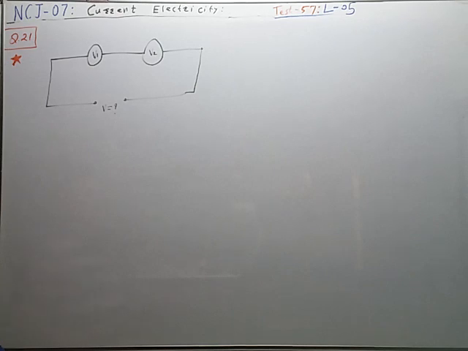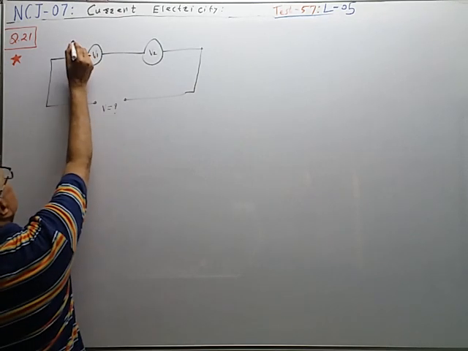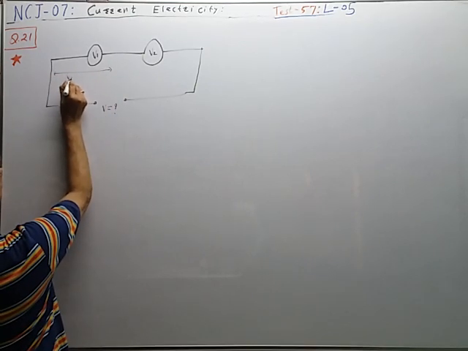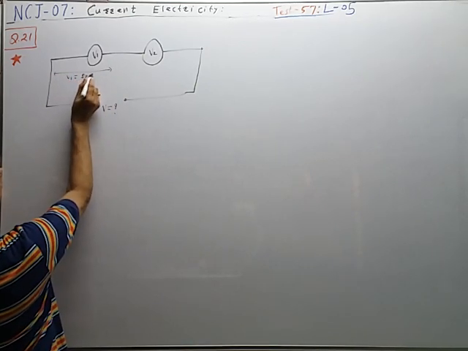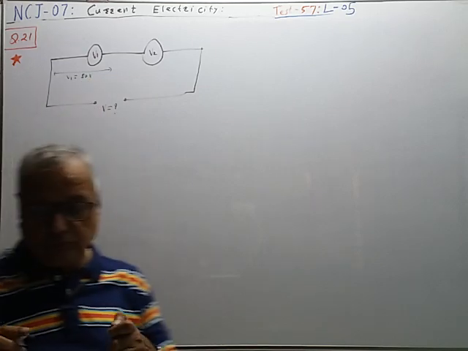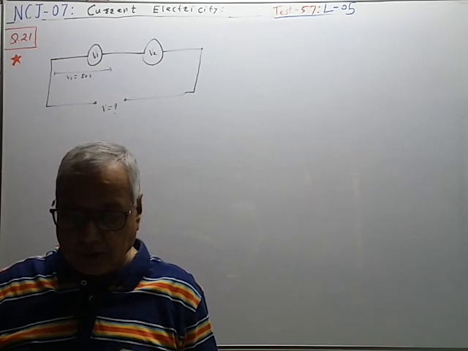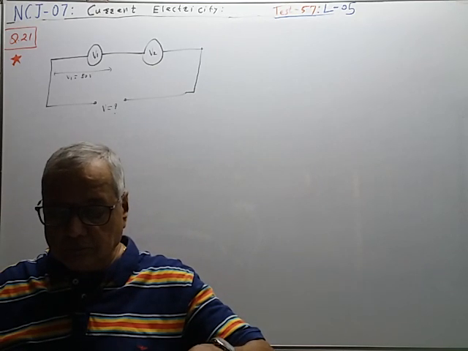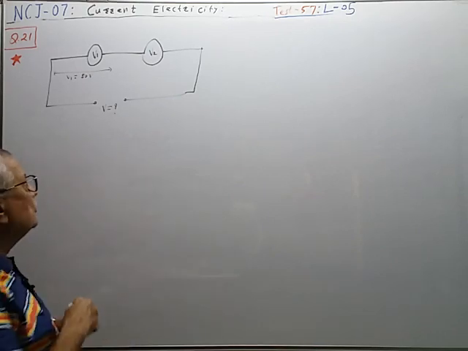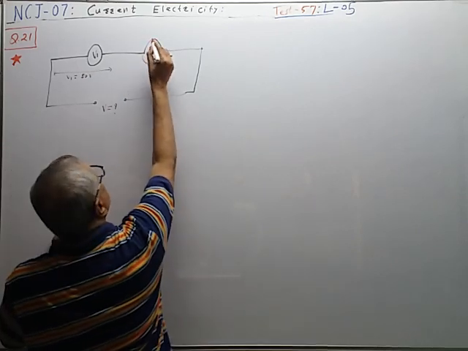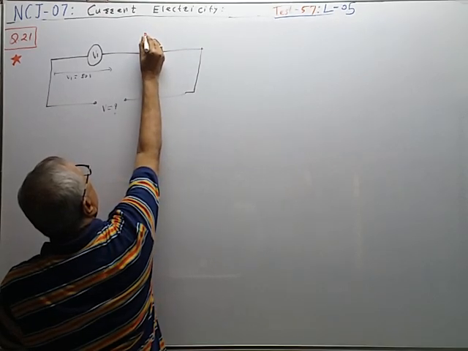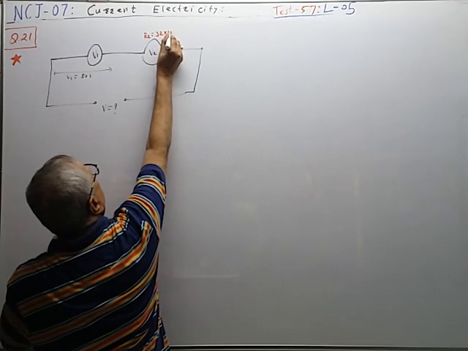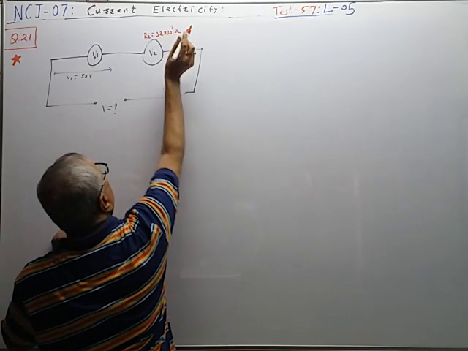This is your problem. So this V1 is equal to 80 volt. This is the given quantity. Then this R2 is equal to 32 kilo ohm, 32 into 10 raised to 3 ohm.